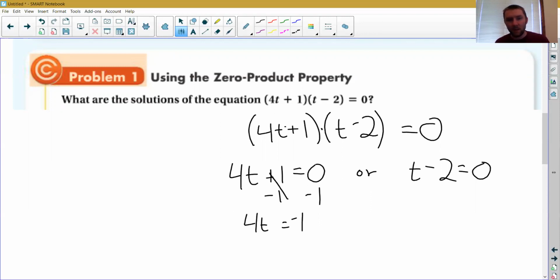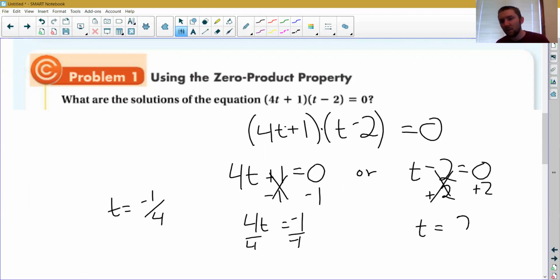0 minus 1 is -1, and then I divide away the 4, and I get t equals -1/4 as a fraction. This one over here doesn't involve fractions, which is kind of nice. We just get t is equal to 2. So here's one of my answers, which came from this first set of parentheses.